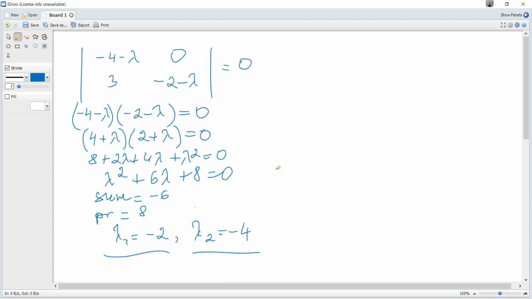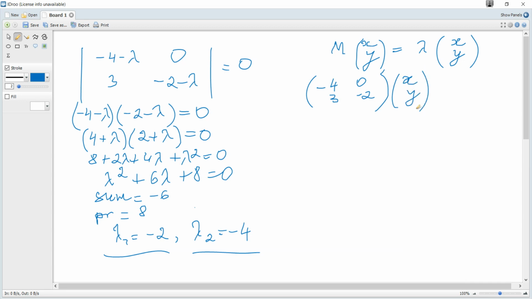And how to find the corresponding eigenvectors? We should consider our matrix multiplied by a vector is equal to lambda multiplied by a vector, and this vector is required. It's our corresponding eigenvector. So our matrix is negative 4, 0, 3, negative 2 multiplied by x, y is equal to negative 2 times x, y, and we rewrite it as simultaneous equations.